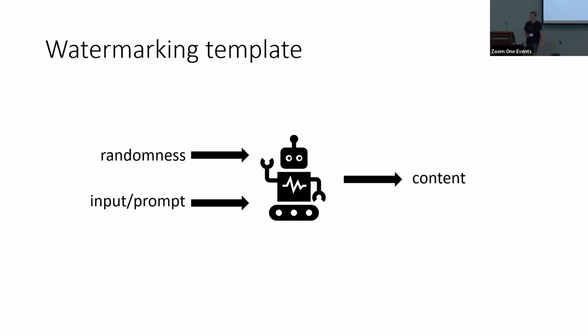So what do the algorithms that we're trying to watermark look like? Well, any randomized algorithm can be written like this. It takes in some input, which in the case of Gen AI is a prompt, and it takes some randomness, and then it produces the content. So a natural attempt to watermark anything like this is to change the randomness to make it some form of tampered randomness.